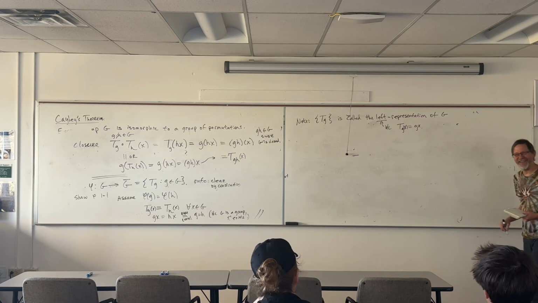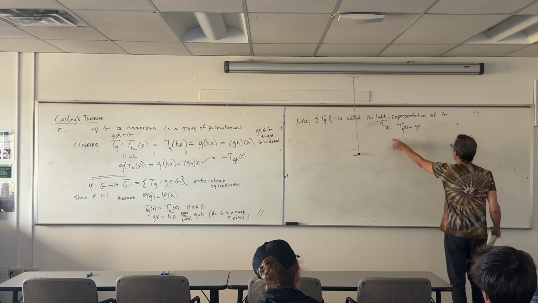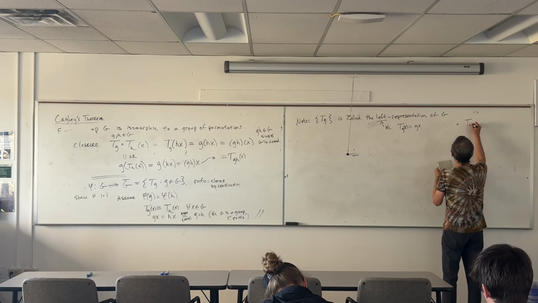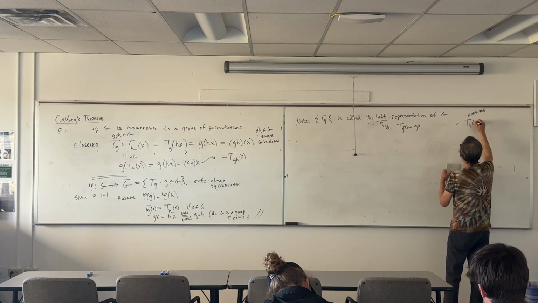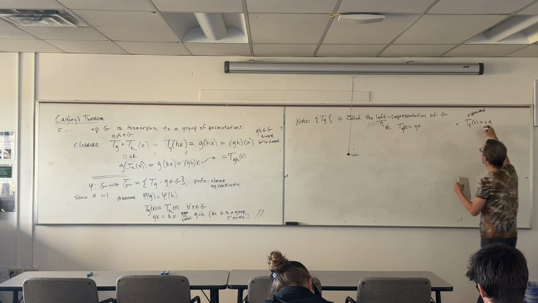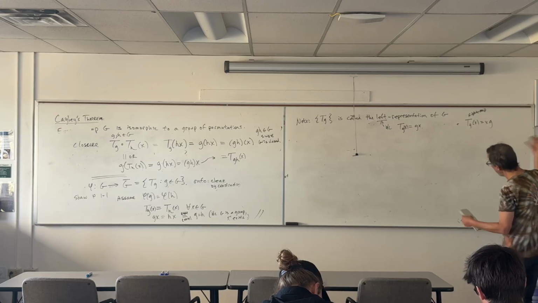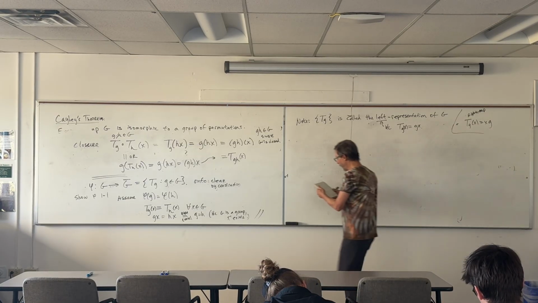It's called the left representation of G, and it would be called the right representation if T of G of X equals XG, if your T sub G's were right multiplication. But we're doing the left representation of G.